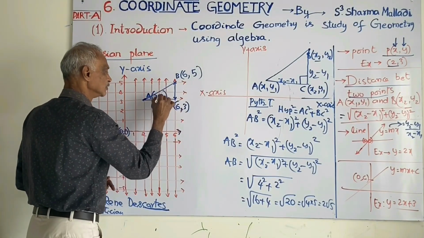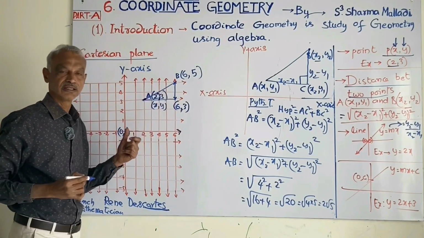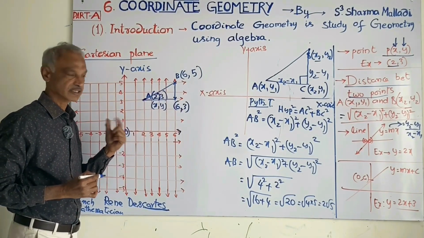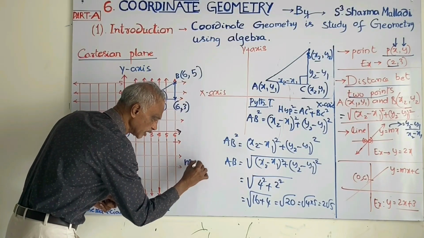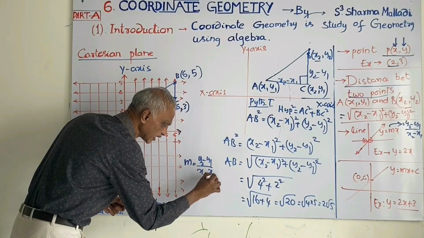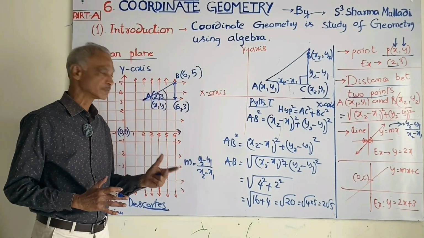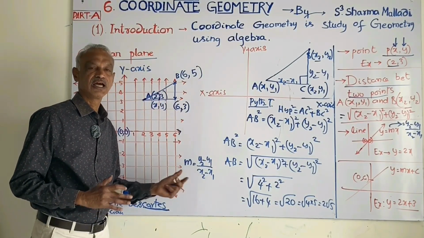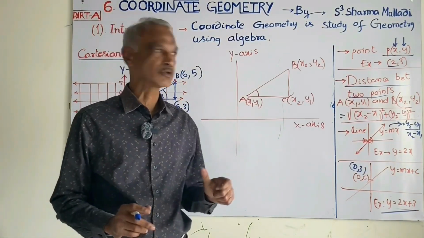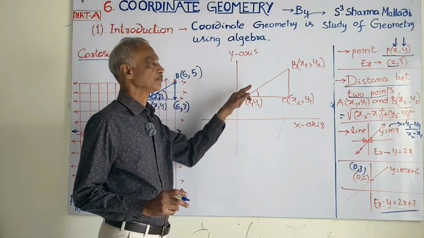Slope means this is the theta angle, the angle made with the x-axis in the anti-clockwise direction. For the slope we have to find y2 minus y1 by x2 minus x1. In Google route maps it requires the slope of the equation and the distance between 2 points. Now we will find out the slope of this line AB.